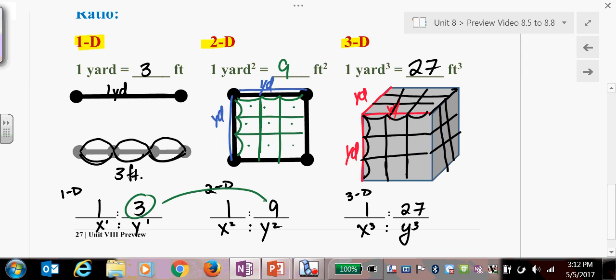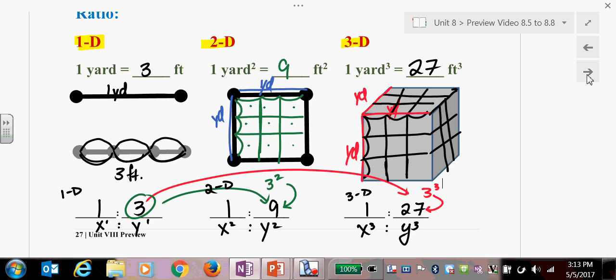If you take 3 and square it, ask yourself, what do you get? If you take 3 and cube it, ask yourself, what do you get? When you change dimensions, you change ratios.